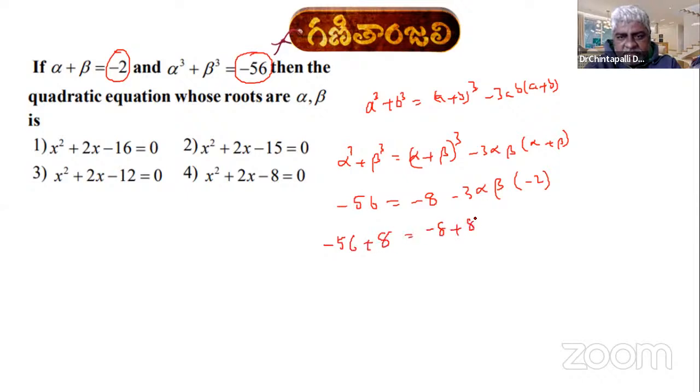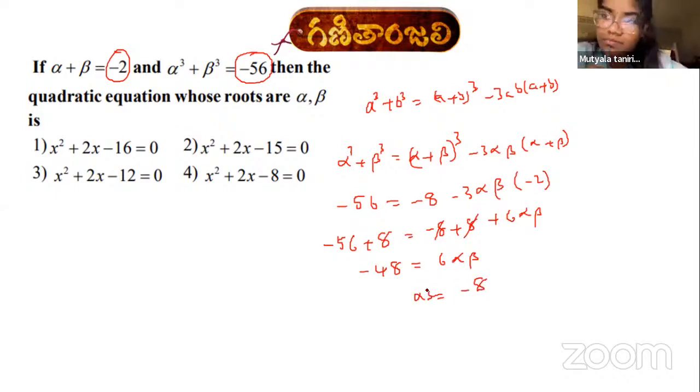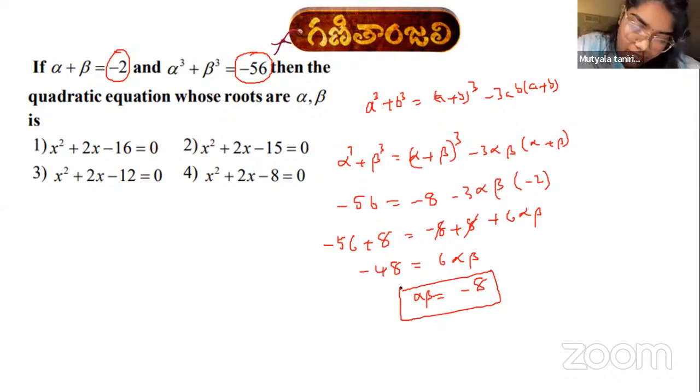Minus 56 plus 8, minus 48, is equal to 6 alpha beta. Alpha beta is equal to minus 8. So alpha plus beta is minus 2, alpha beta is minus 8.